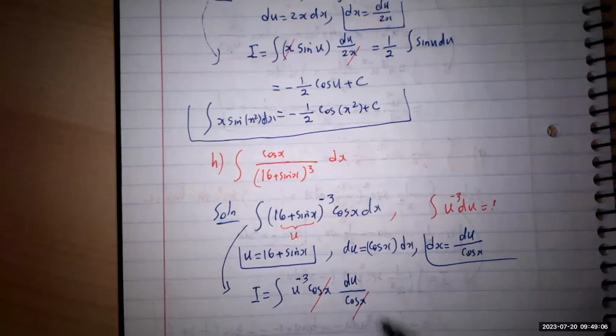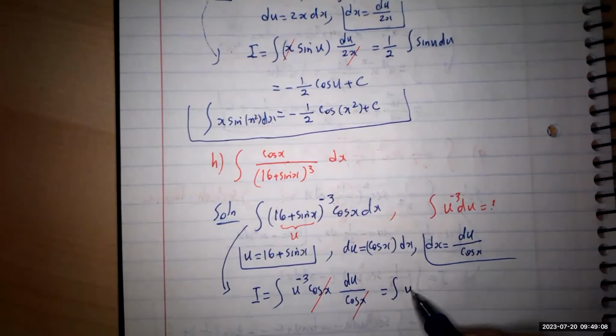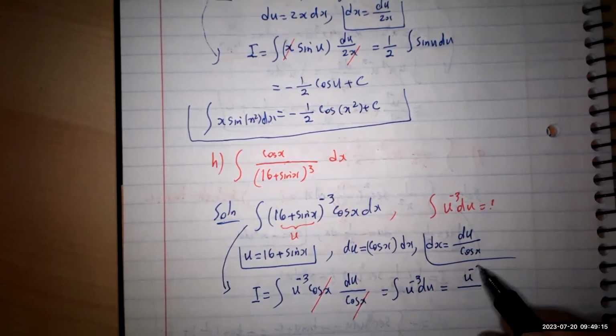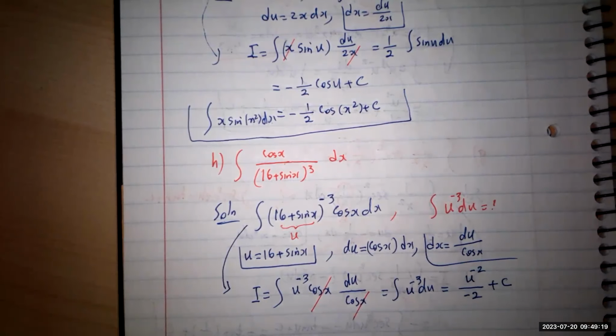You arrive at u to the -3 du. Now move up the power, so that gives you u to the -2 over -2 plus the constant c. But you bring the u to the -2 down, so this is going to be -1 over 2u squared plus c.